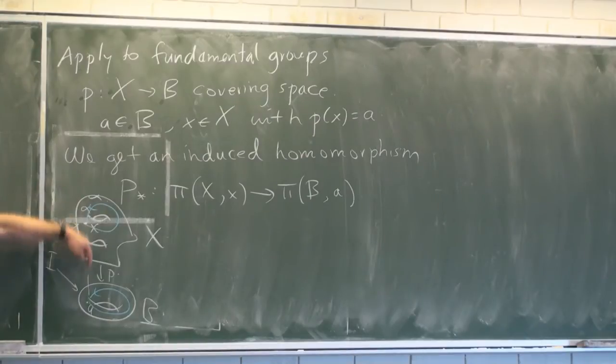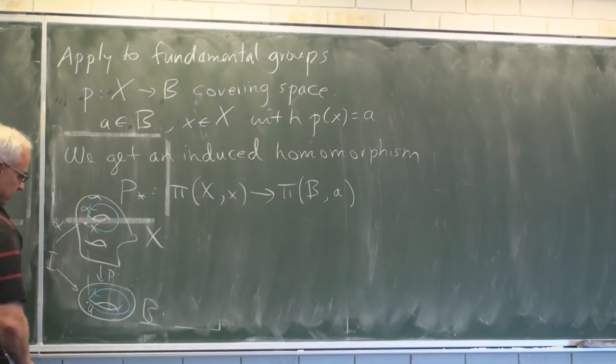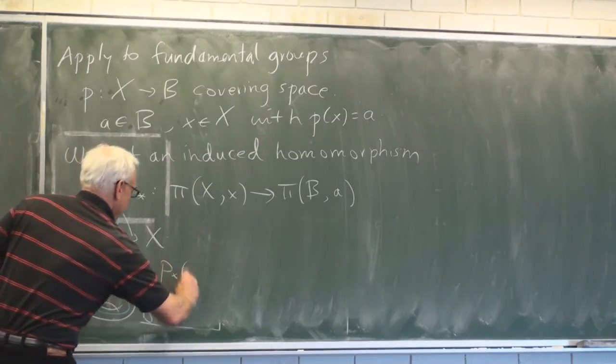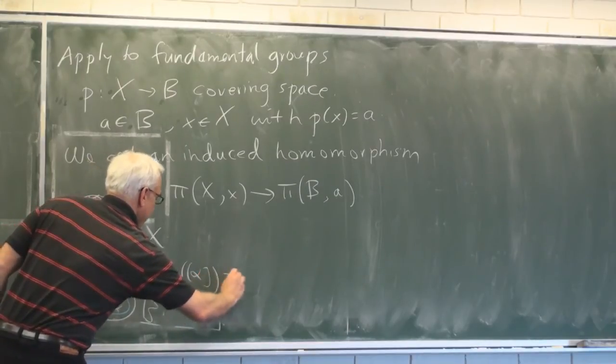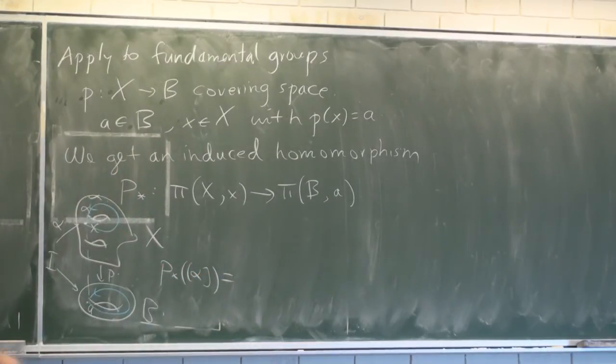We're just pushing down this thing. So P star of the class of alpha is the class of the composition alpha followed by P.